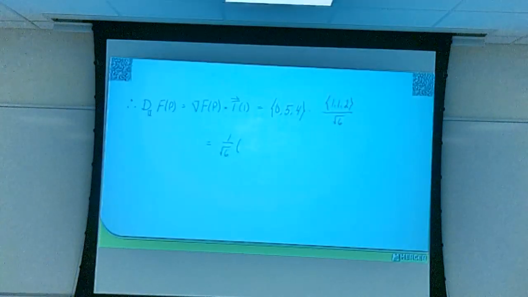Five plus 8, right? 13. There's your directional derivative again, or you want to rationalize: 13 root 6 over 6. Do we have to rationalize?